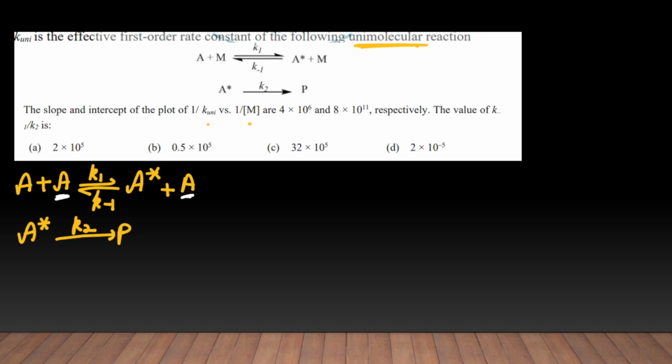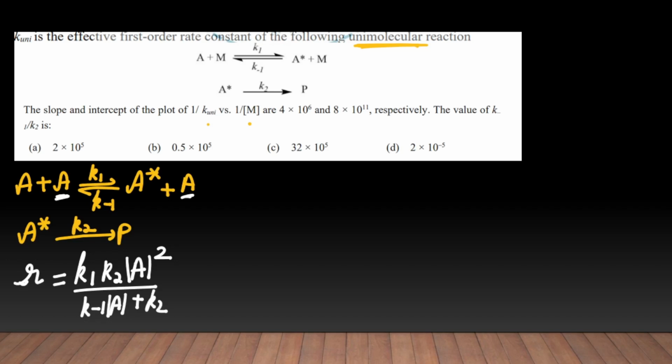Now for this, the rate expression that we write is K1 into K2 into A square upon K inverse of A plus K2. So this is the rate expression that we get for this unimolecular reaction, right?